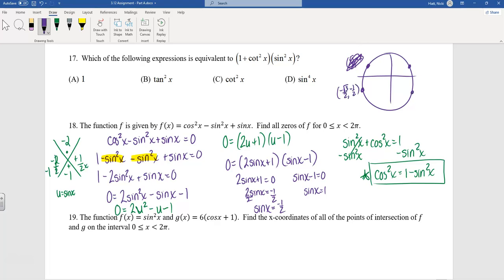And then right here at positive root 3 over 2, negative 1/2. So those two spots are going to be 7 pi over 6 and 11 pi over 6. And then sine equals 1 right here at pi over 2.